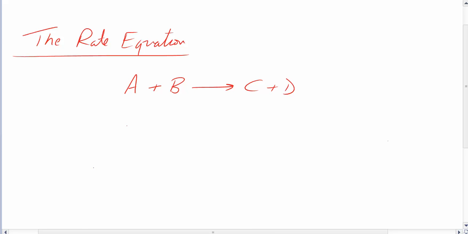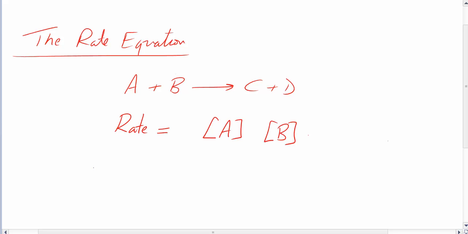So our rate of reaction is going to be dependent in some way, possibly at least, on A and B. And it's the concentrations of A and B that we will be considering here. But of course, unless we do the experiment or have done the experiment, we're not sure how the concentration of A or B will affect the rate of reaction.